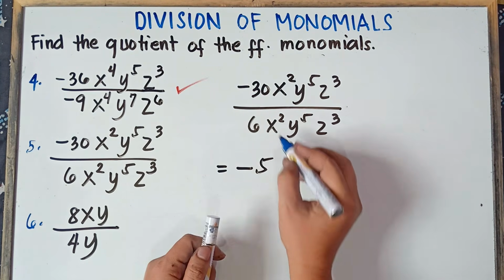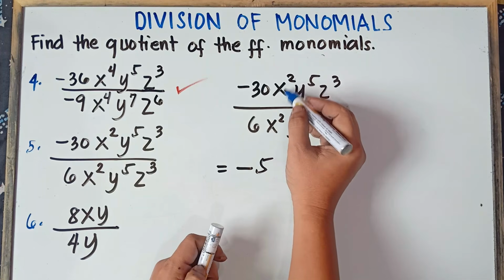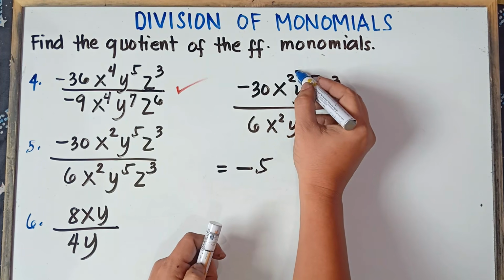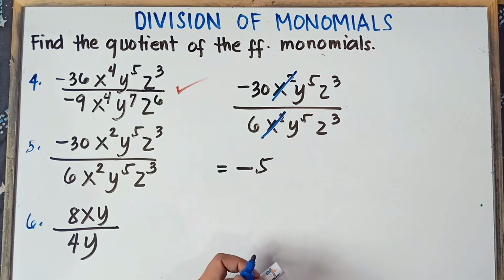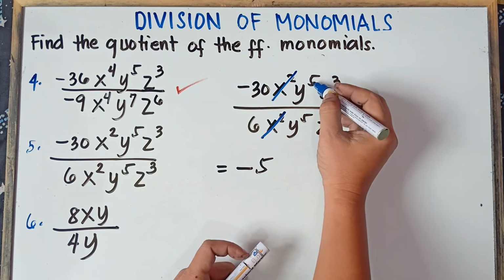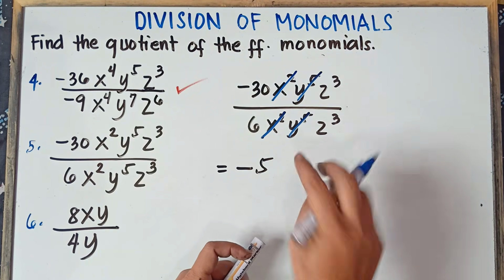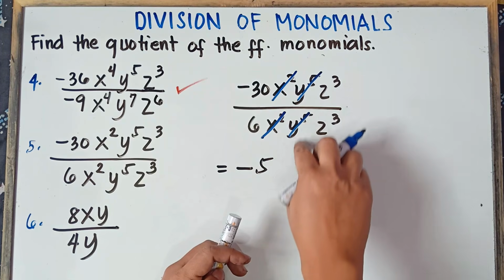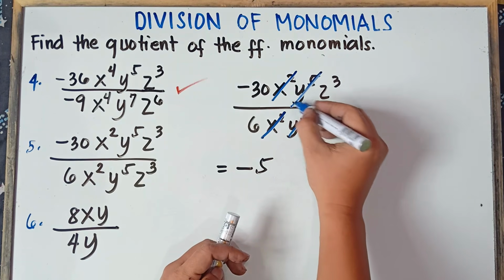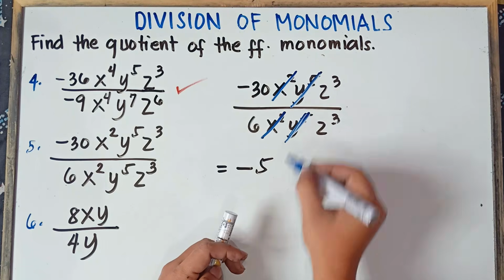And then for x, they have the same, x squared, numerator and denominator. So therefore, we can just simply cancel this out. And then for y, same, y raised to the power of 5 and then y raised to the power of 5, we can just simply cancel this out. Same, class, once again, if the numerator and denominator are the same, we can just simply cancel this out because this is equal to 1.